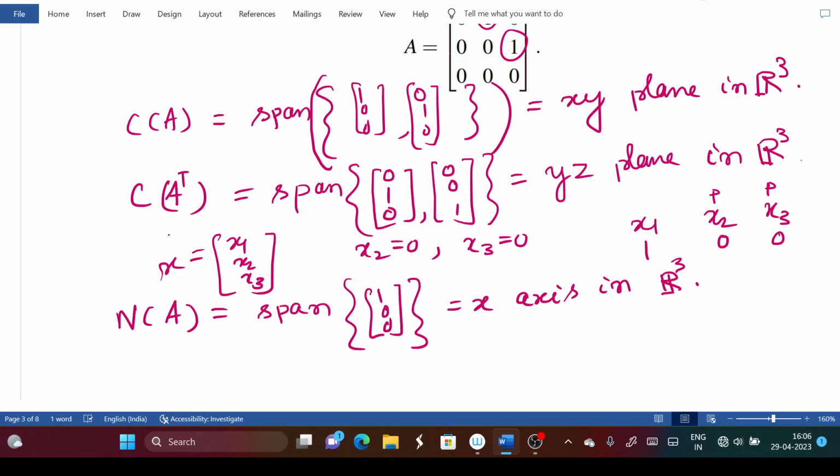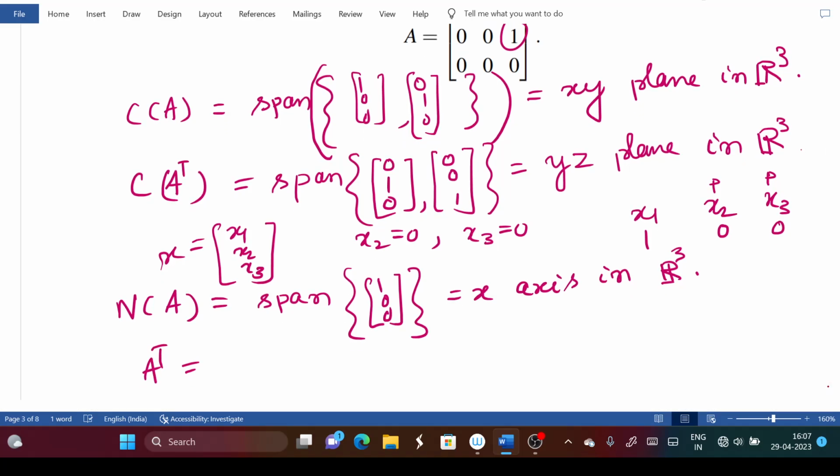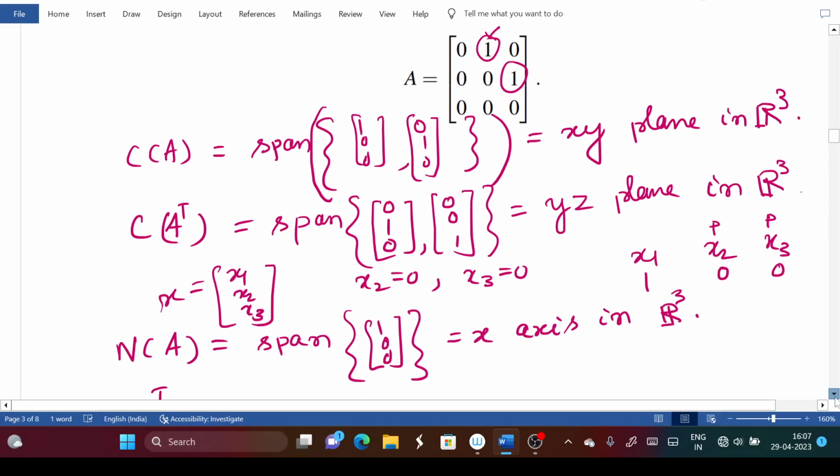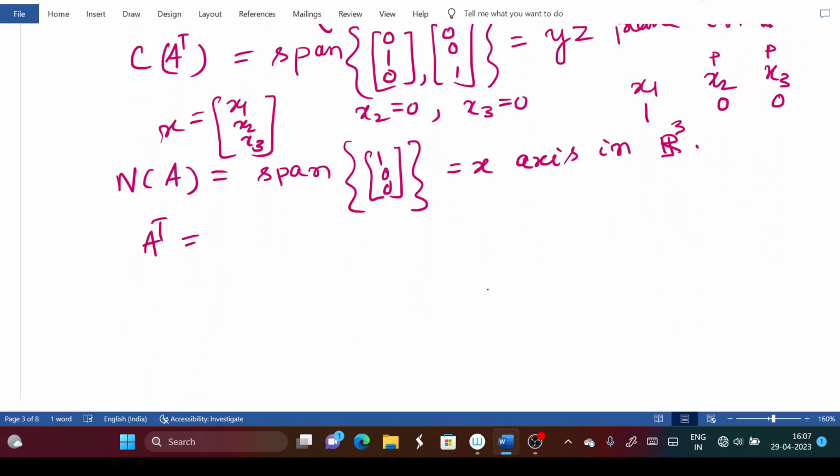Next, left null space. Let us take A transpose. What is A transpose? First row is 0 0 1, then 0 0 0, then 0 1 0... This is A transpose. So this implies y1 is equal to 0, y2 is equal to 0, and y3 is free.